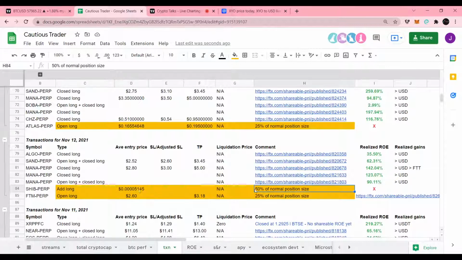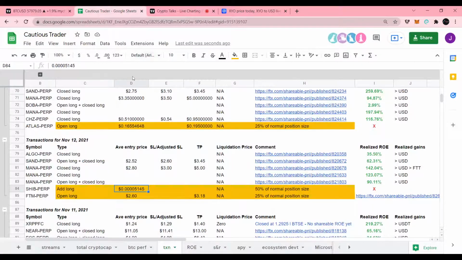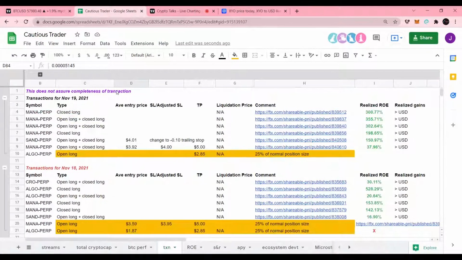It's already 50% of my normal position size. Anyway, I'll just cheer it up to that. Yeah, it's almost closed it. Close my possible average entry price on some of my still open positions. Though I cannot guarantee that it is 100% complete, especially for the open positions.